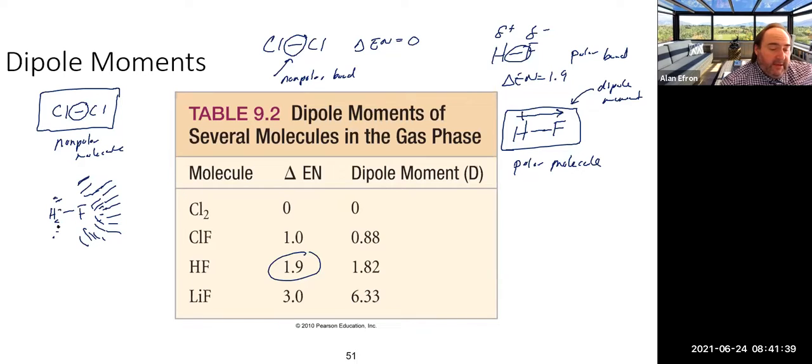So in this particular molecule, because it's a polar molecule, we have unequal sharing of electrons, which creates a negative side by the fluorine and a positive side by the hydrogen. Any questions on that?